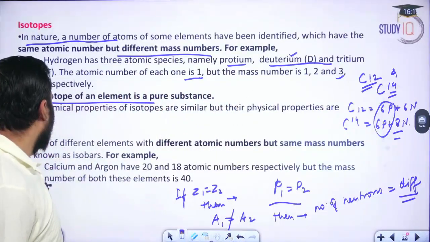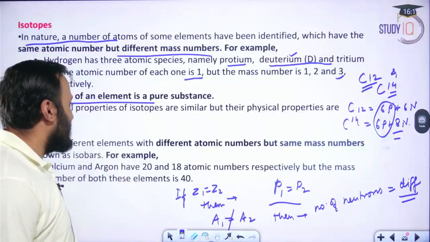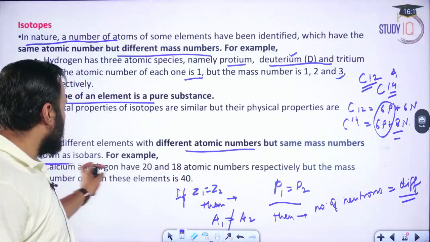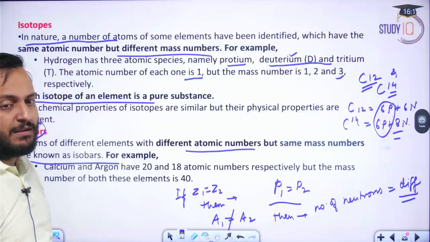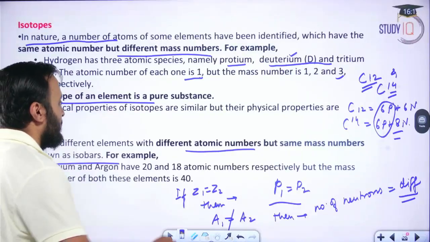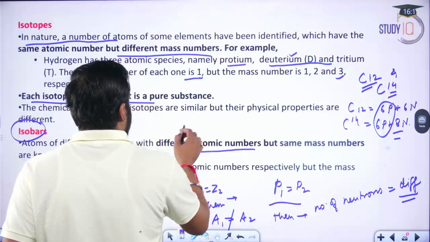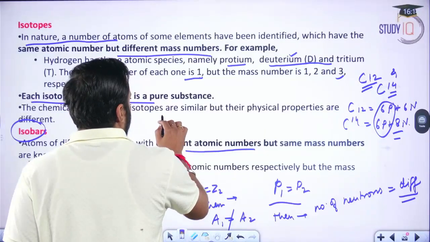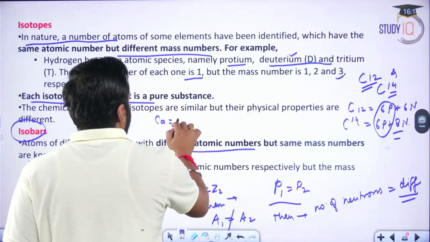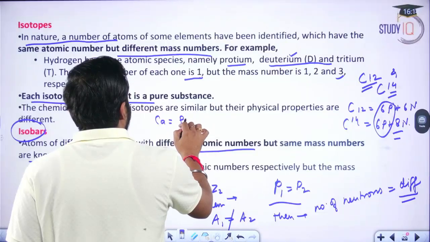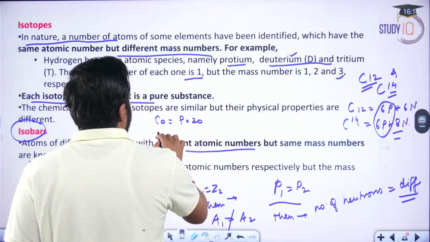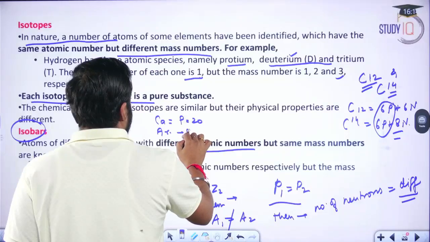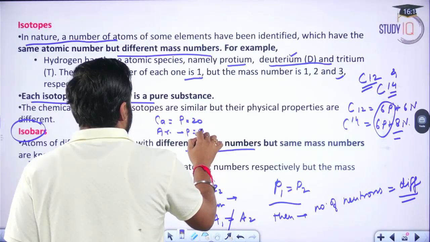Then we have the isobars, which means that atomic numbers might be different, but the mass number is same. Mass number is same. For example, suppose you have the calcium, okay, and argon. Calcium, atomic number is equal to 20. Argon, okay, atomic number is equal to 18.